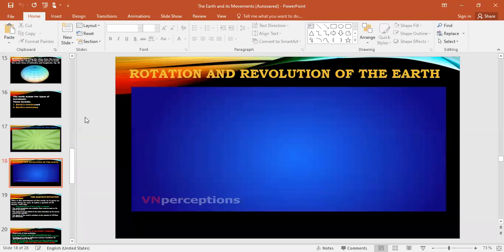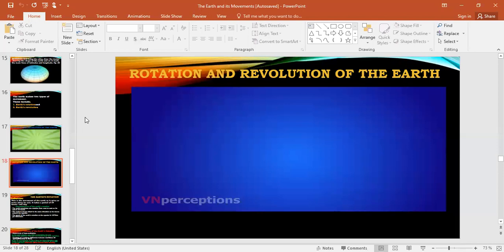I want to talk about revolution. So the revolution refers to how the Earth moves around the sun, and it takes approximately 365 days, which is a year, and also causes the changes in seasons.